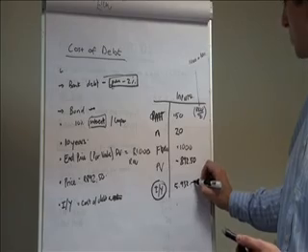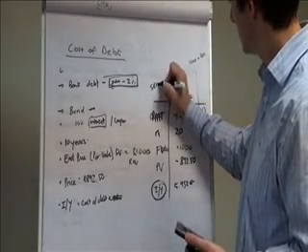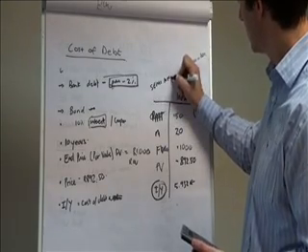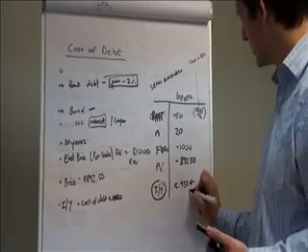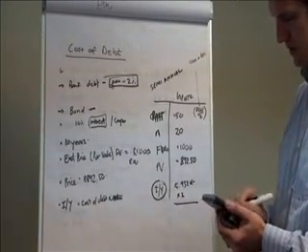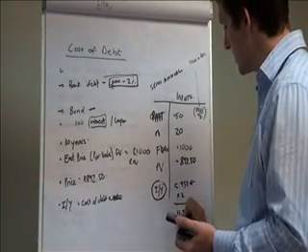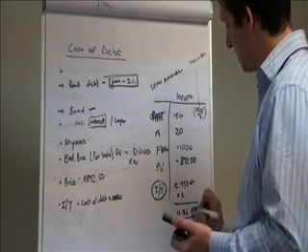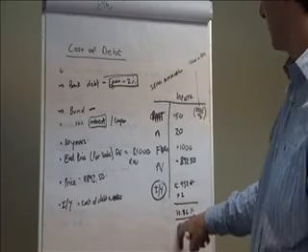Just remember, we've done this on the basis that it's semi-annual, so I need to times that by 2. I get 11.86%. That is my cost of debt.